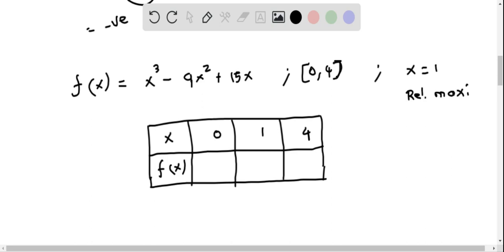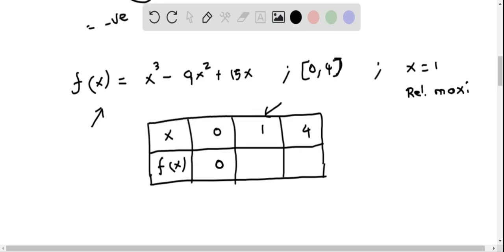These are the points which could be a possible absolute maximum or minimum. We already determined that at x equal to 1 we have a relative maximum. We'll find the corresponding function values. When we replace x equal to 0 into f of x, we get 0 cubed. Since we have 0 in all the terms, this is going to get us 0. So this is 0 comma 0.